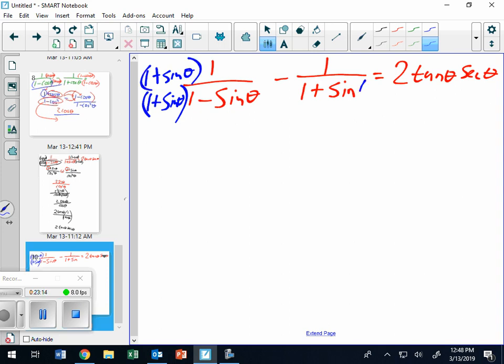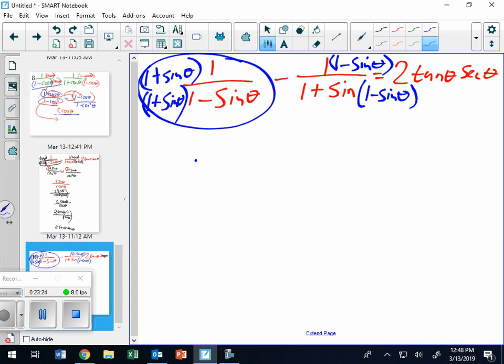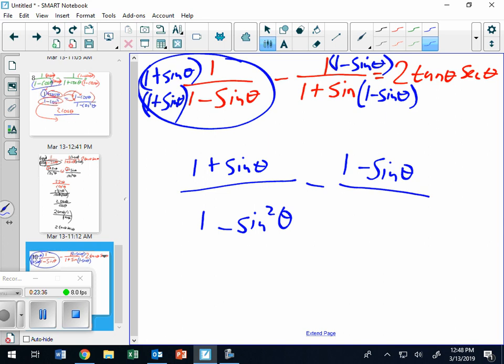And I'd do the conjugate here, 1 minus sine theta, 1 minus sine theta. And then on the top, this one simplifies to 1 plus sine theta over 1 minus sine squared theta minus 1 minus sine theta over 1, and the denominator is the same here, 1 minus sine squared theta.